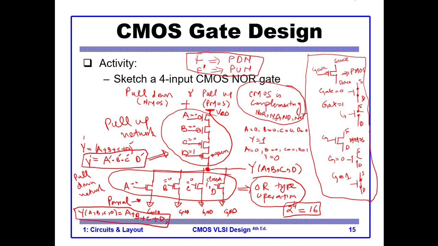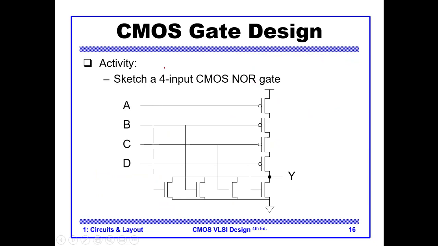And you have to remember, if you are designing OR type gates, use parallel. If you are designing AND type gates, for example NAND, then you use series connection. Okay, let's move on to the next slide. The next slide has the 4 input CMOS NOR gate.